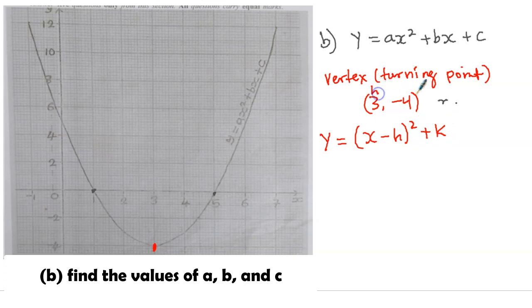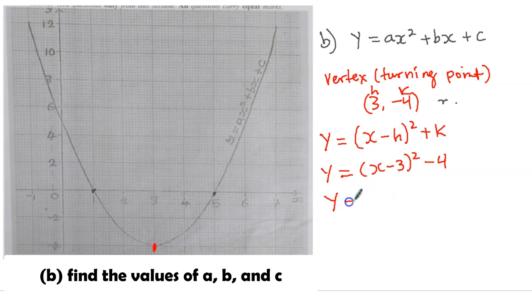So this is the h and this is the k. So we can plug it in, and then we get our x minus 3 squared minus 4. So you see here, the negative was already there. That's the reason why it's that.